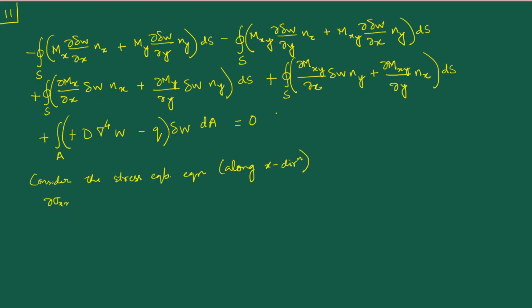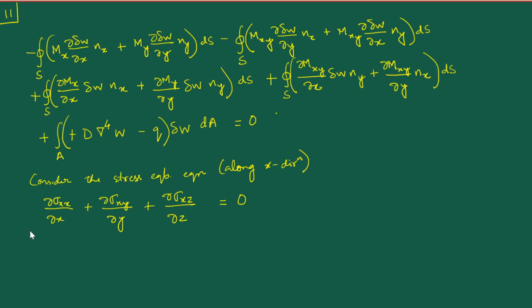It is simply del sigma xx del x plus del sigma xy del y plus del sigma xz del z. And please note that we are already considering a situation where the boundary terms or the body force terms are being neglected, so we don't have to write that plus rho bx.